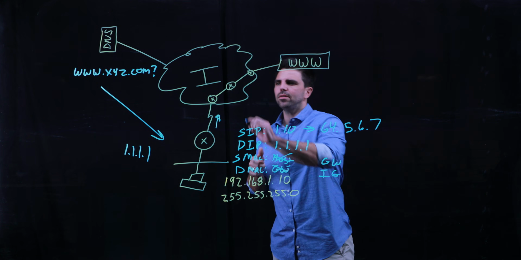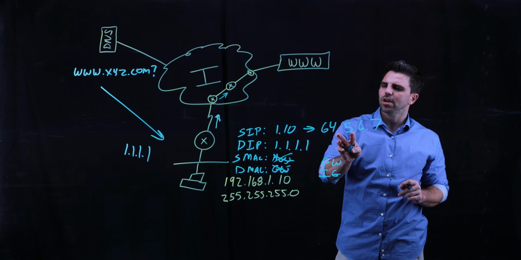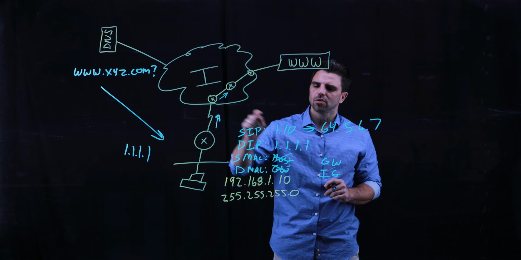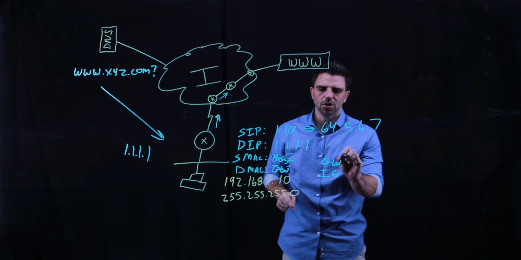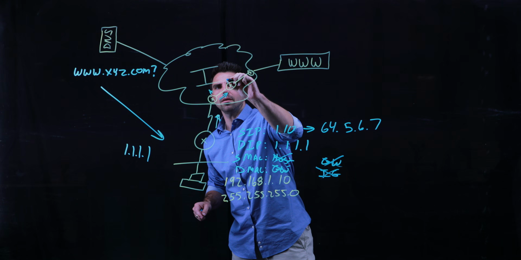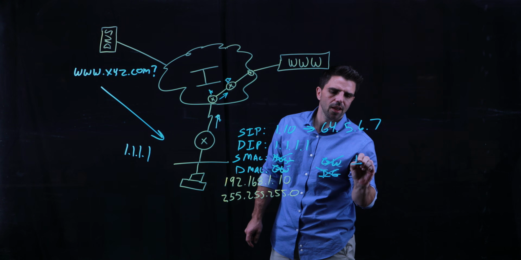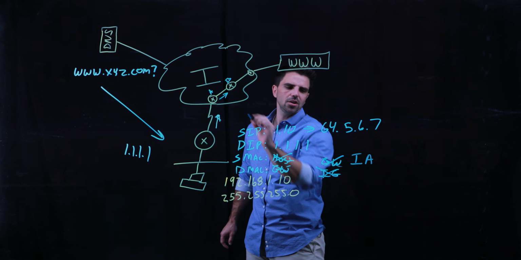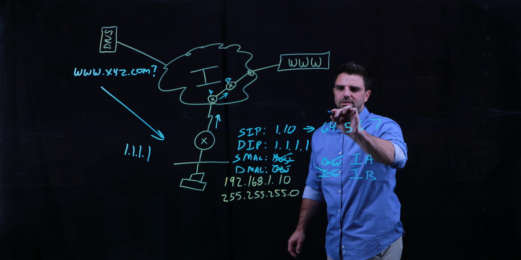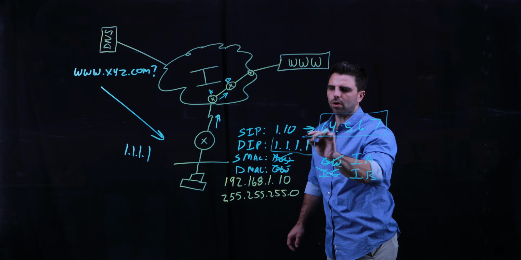So the same thing happens here from this leg to this leg. Essentially what it's going to do is leave the source IP address and the destination IP address the same. However, this gateway is going to strip the source and destination MAC, and I'm just going to call this A and B, and it's going to say the source MAC is internet A and the destination MAC is internet B. But the IP addresses are going to stay this translated IP address and the destination IP address of 1.1.1.1.